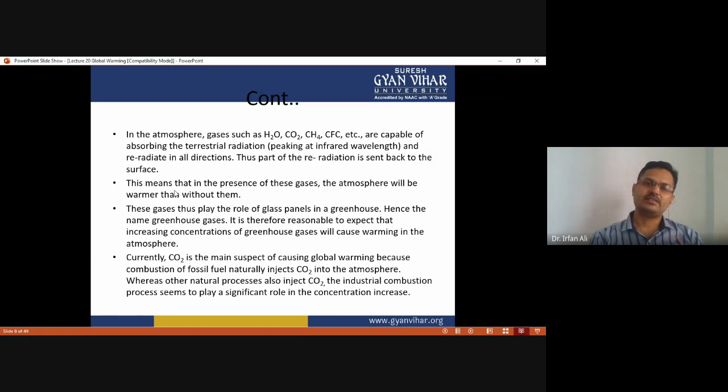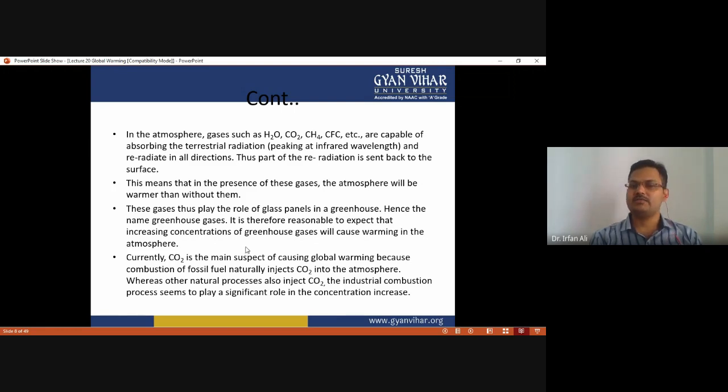This means that in the presence of these gases, the atmosphere will be warmer than without them, and these gases play the major role of the glass panel in a greenhouse. We observe the greenhouse effect in the greenhouse, hence the name greenhouse gases. It is therefore reasonable to expect that increasing concentration of greenhouse gases will cause warming in the atmosphere.